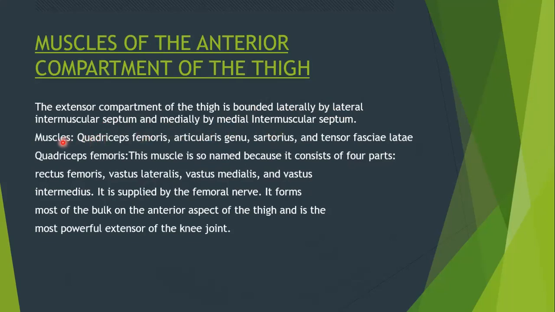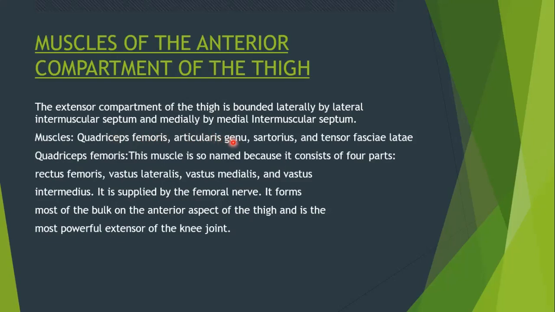And it is composed of the following muscles: the quadriceps femoris. Quadriceps means four heads. Remember, ceps means heads, like biceps, bi means two, triceps three, quadriceps four. So four heads.